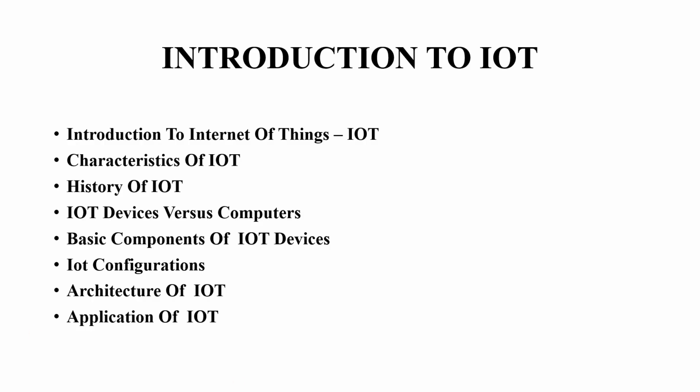What are all the topics we are going to see here: introduction to Internet of Things, some characteristics of IoT, history of IoT or how Internet of Things has been evolved, IoT devices versus computers, what is the difference between computers and IoT devices, then basic components of IoT devices, IoT configurations, architecture of IoT and some applications of Internet of Things.